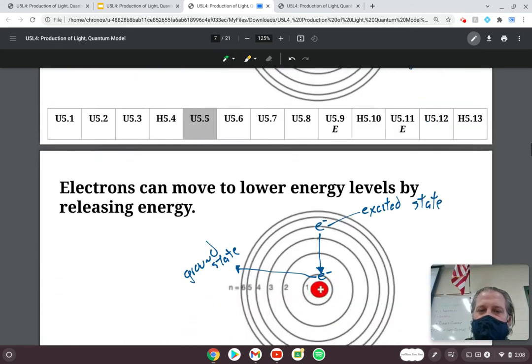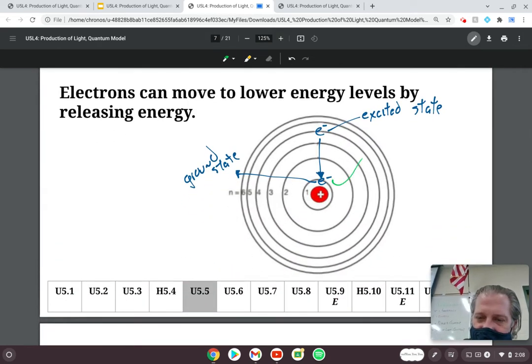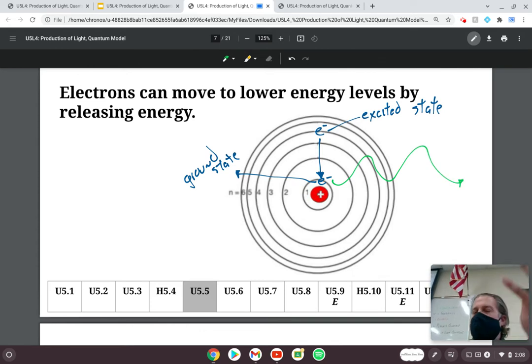So they give off the same amount of energy that they absorb. So energy is released in the form of light.